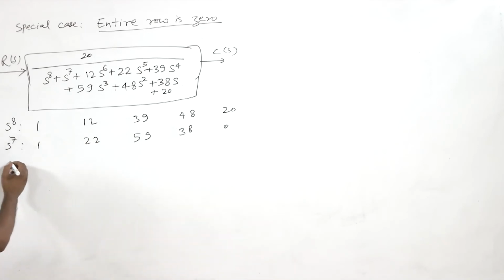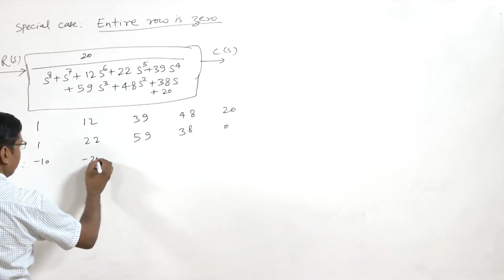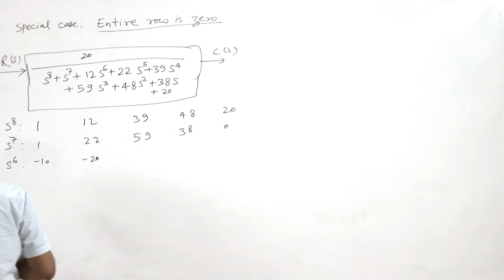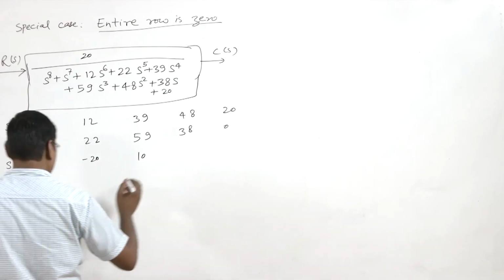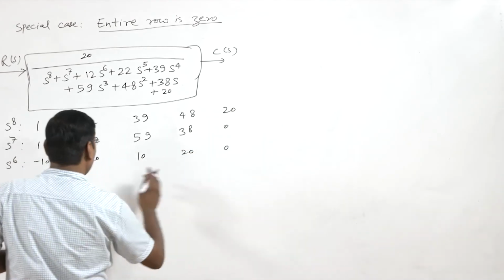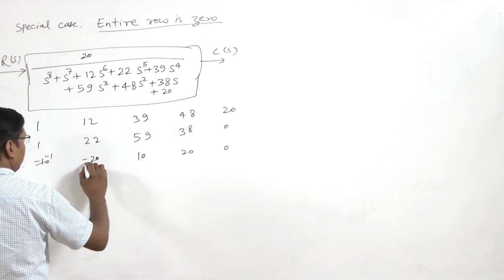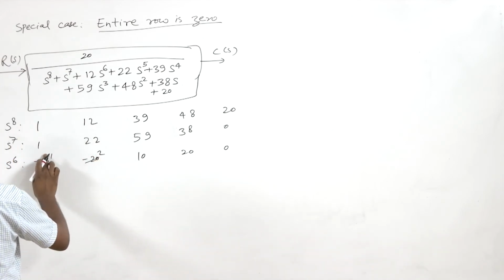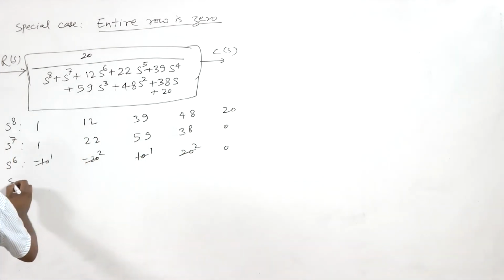Now we find S power 6, so we will follow the usual method. So we get minus 10, minus 20, 10, 20 and 0. So we take 10 out, so it is minus 1, minus 2, 1, 2 and this is 0. So S power 5 we calculate.